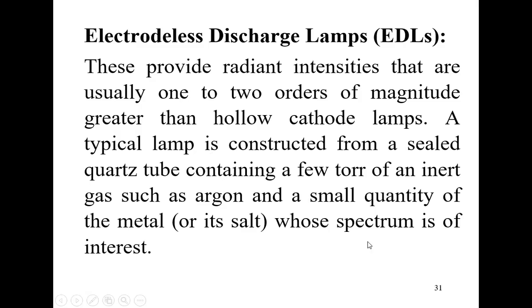Remember, for the electrode-less discharge lamp, you have a small quantity of the metal or the salt, and you're interested in that. In the same way as the hollow cathode lamp, you have different electrode-less discharge lamps to provide the characteristic radiation.